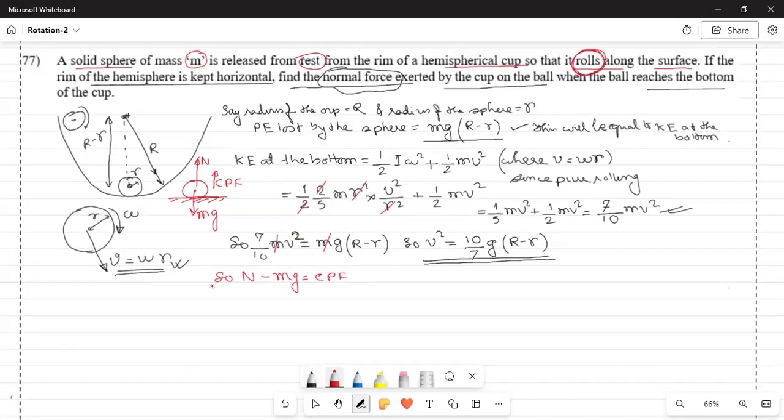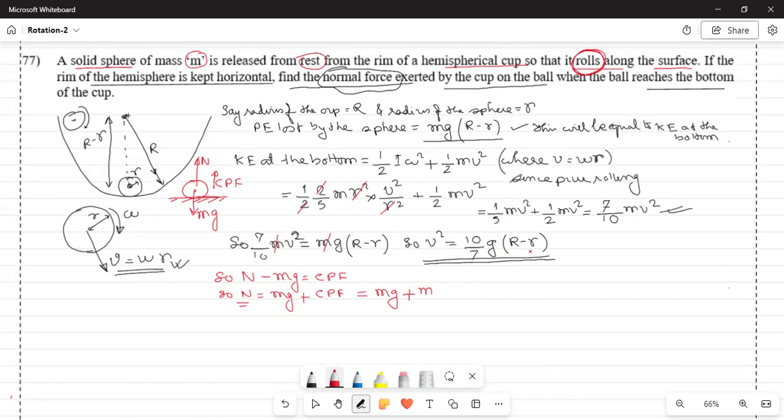Therefore, N is equal to mg plus the centripetal force. This normal reaction N they wanted us to find out is equal to mg plus, by your earlier relation, m v square by radius. m is the small m.